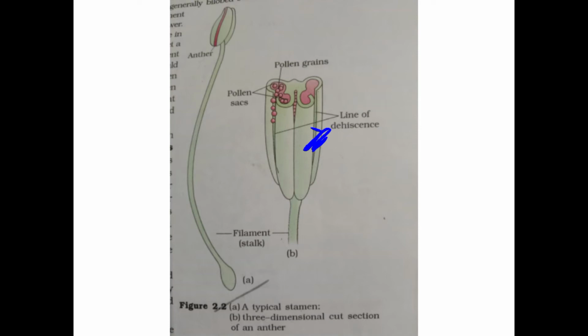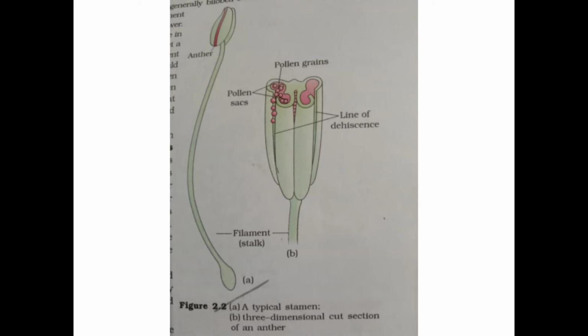The theca are the parts or chambers of the lobes, and they are separated by a line of dehiscence or longitudinal fissure. In each theca, how many? Four microsporangia will be there in total. So this is the structure of an anther.